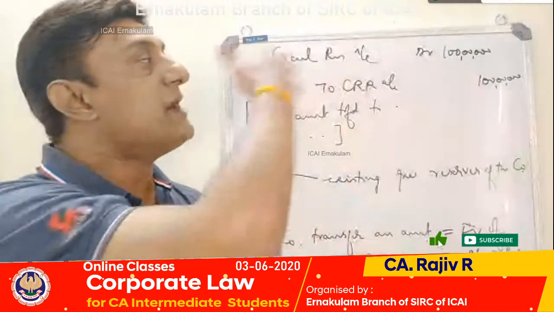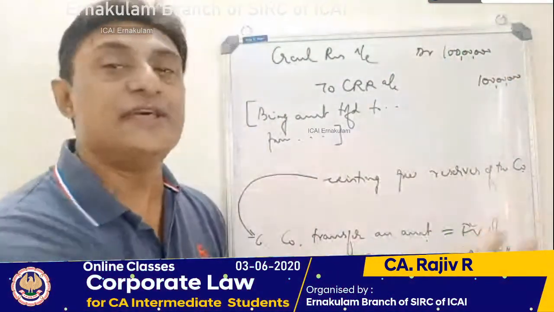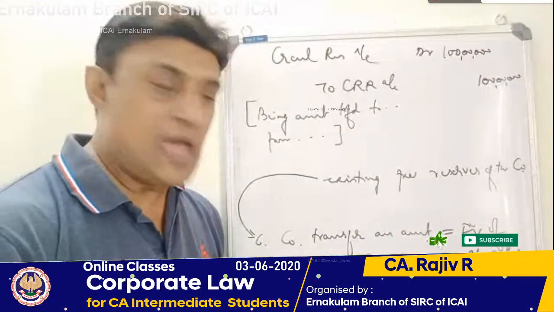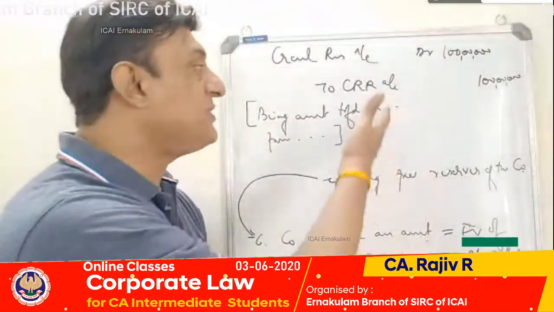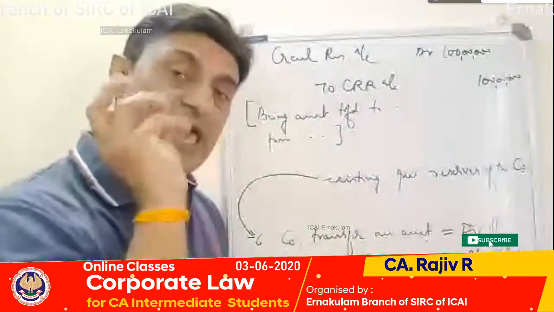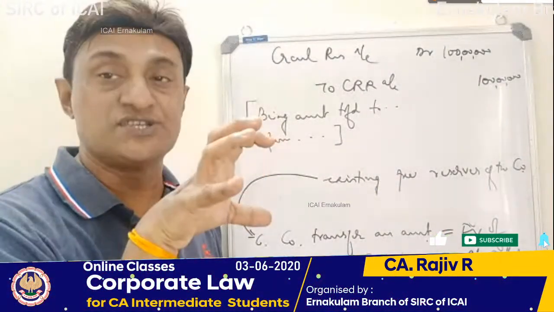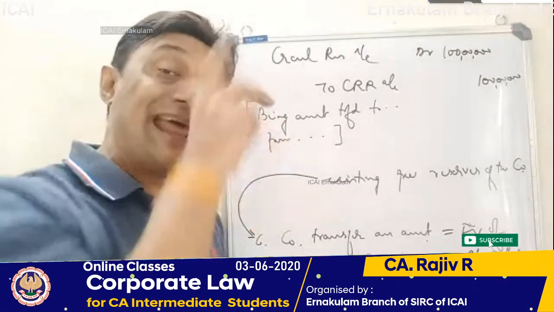I am debiting my free reserve which I propose to utilize, and crediting capital redemption reserve account. And according to the condition, sometime in future, this capital redemption reserve account can be used only for issue of bonus shares. So what will the journal entry then become?